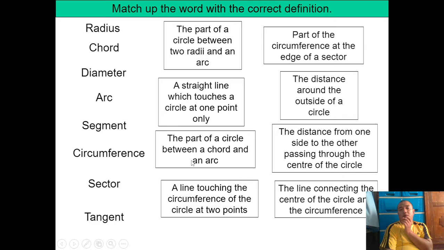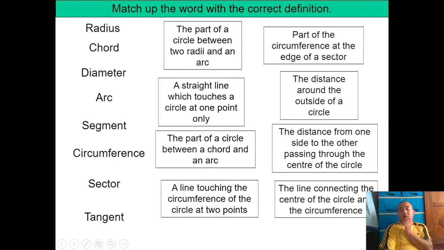The part of a circle between two radii and an arc, that's the sector. Part of a circle between a chord and an arc, that's a segment. Line touching the circumference of the circle at 2 points, that's the chord. Pag line kasi ang tawag dyan usually is secant, pero wala nang secant dyan.